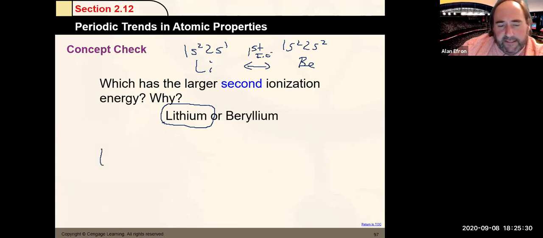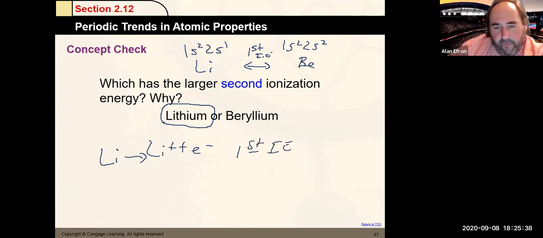So when lithium does that, and when beryllium does that, and it loses its first electron, you may say, well, it looks pretty good to each other.